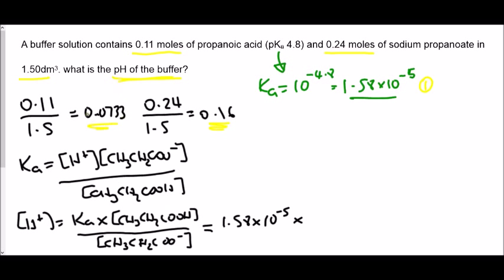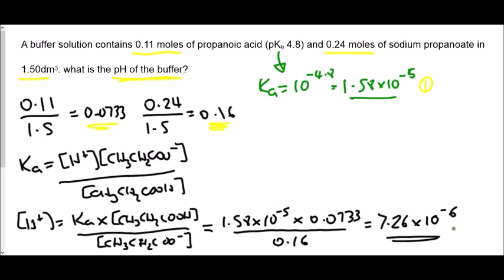Concentration of the acid was up here. Concentration of the conjugate base is there. So now we've got our concentration of H+ ions. Again, we should get 1 mark there.